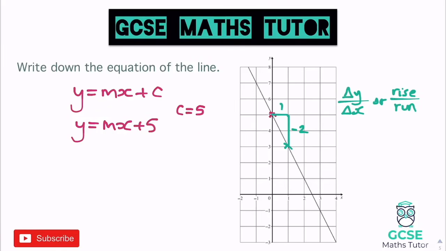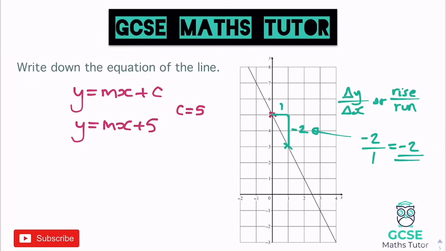Now in this case, the change in the y coordinate is this movement here going down, it's -2, so that'll be on the top of my little fraction, -2, and the run, or the change in x, is on the bottom, the 1 going across. So it's -2 over 1, and -2 divided by 1 is -2. Okay, so my gradient here is -2.